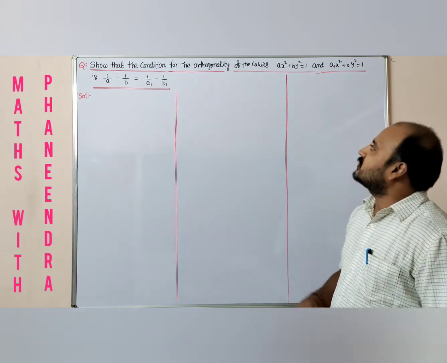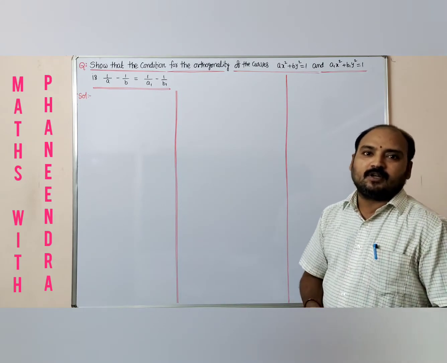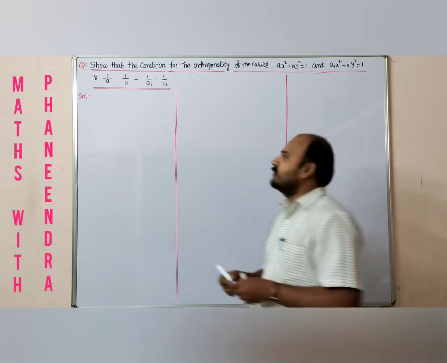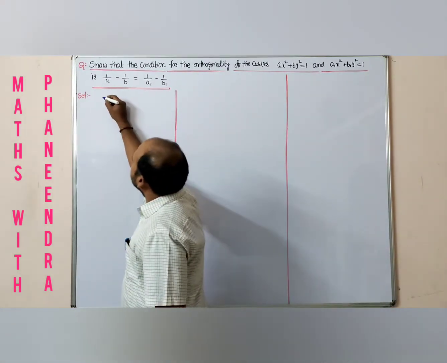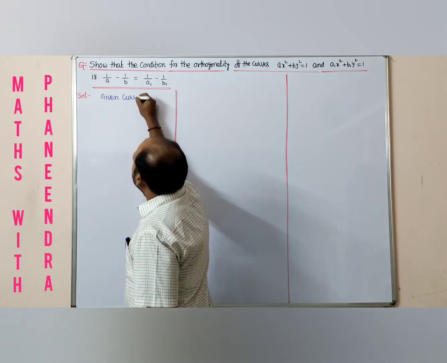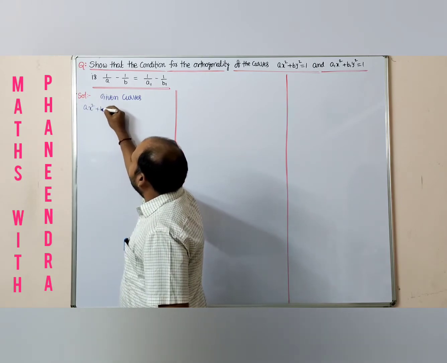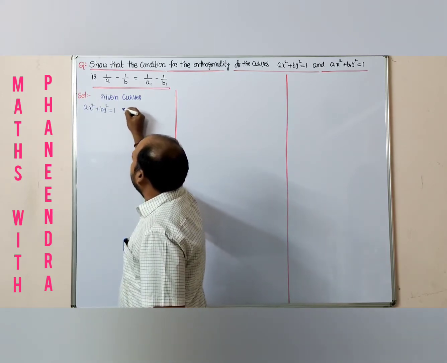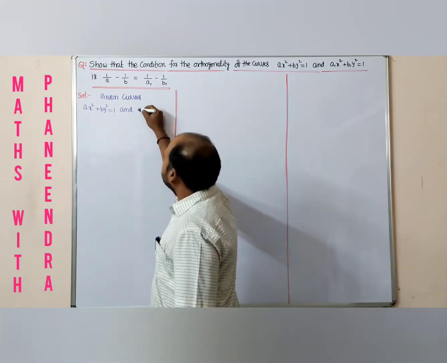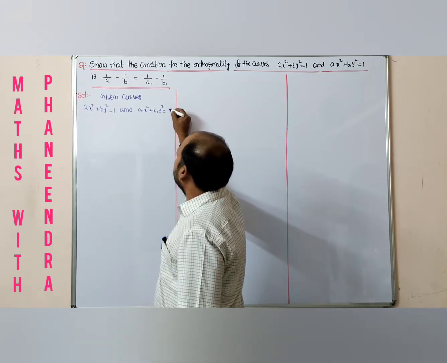So what we have to do is, let us consider a point of intersection of the given curves, and the point of intersection means it lies on both the curves only, no? So write it first. Given curves: first curve is ax square plus by square is equal to 1, and second curve a1x square plus b1y square is equal to 1.